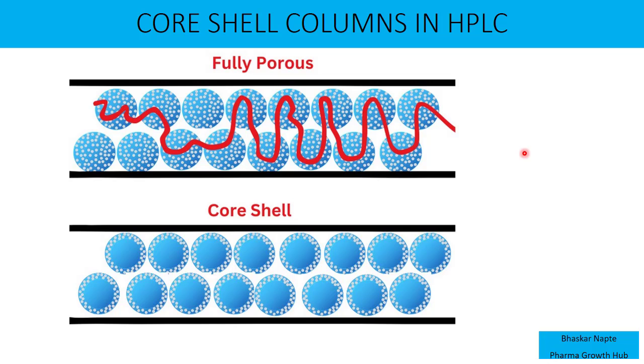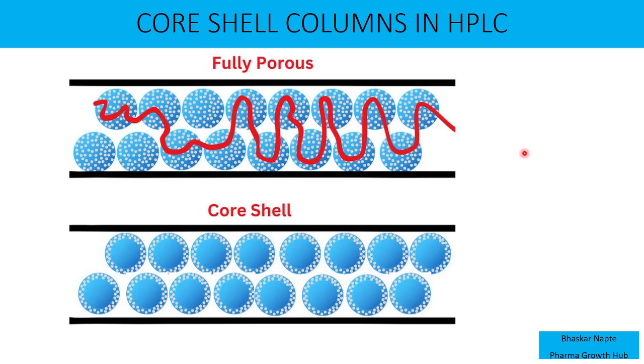The first reason is, especially in the case of fully porous particles, the particles are not consistent in shape. There could be some small particles, there could be some bigger particles, and the average could be, let us say, 5 micron. But the variation in the particle size is quite high in the case of fully porous particles.